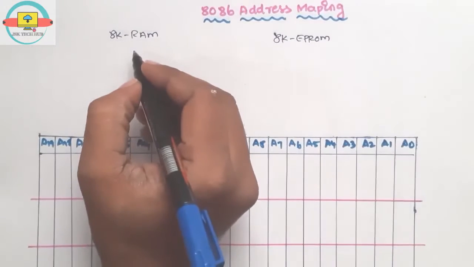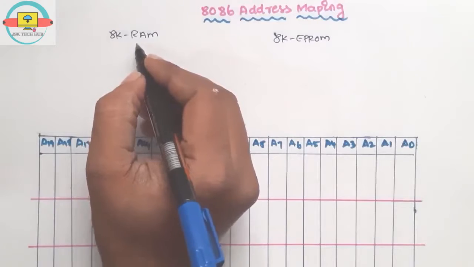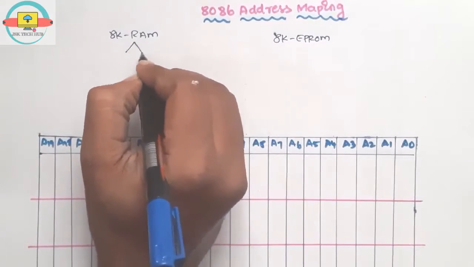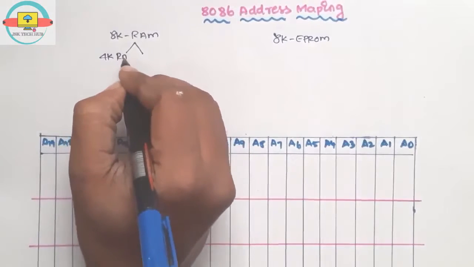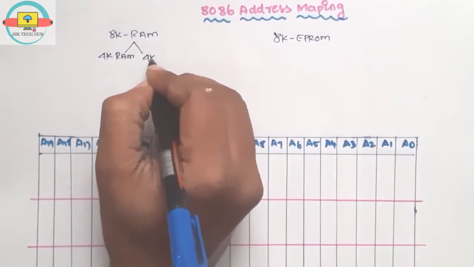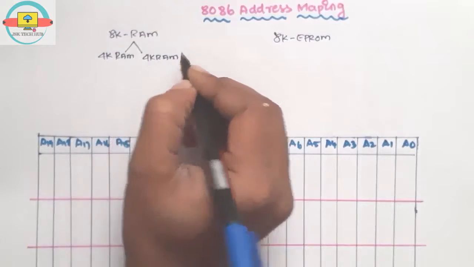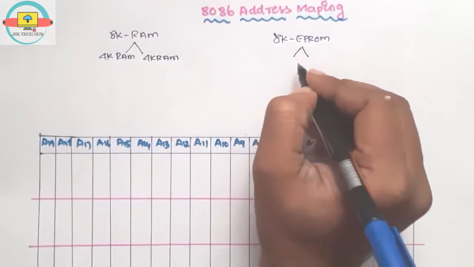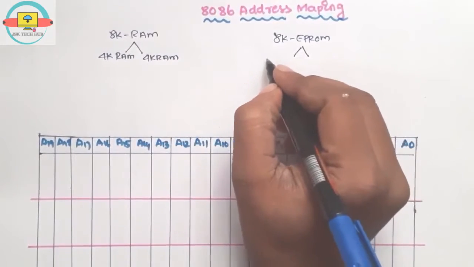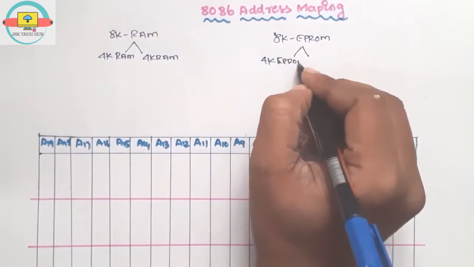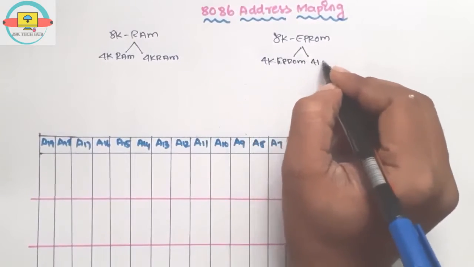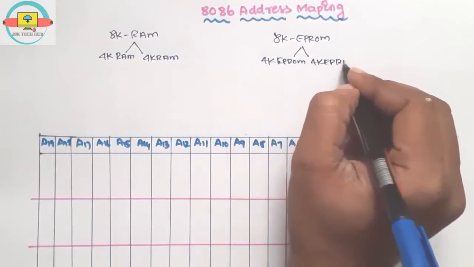To interface the 8 kilobyte RAM and ROM memory, we divide it as 4 kilobyte RAM and 4 kilobyte RAM separately. Similarly, to interface the 8 kilobyte EEPROM memory, we need a 4K EEPROM memory and another 4K EEPROM memory.